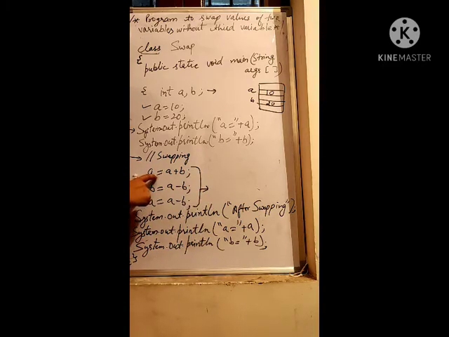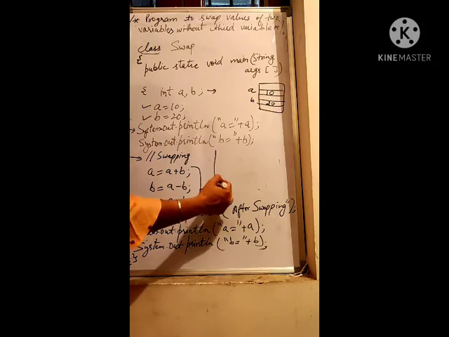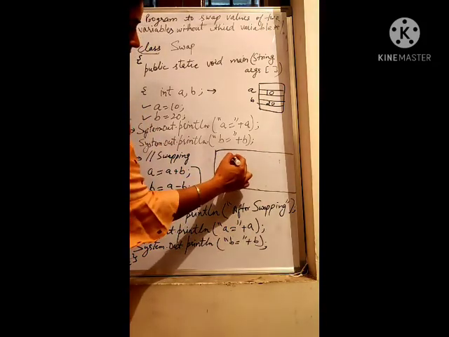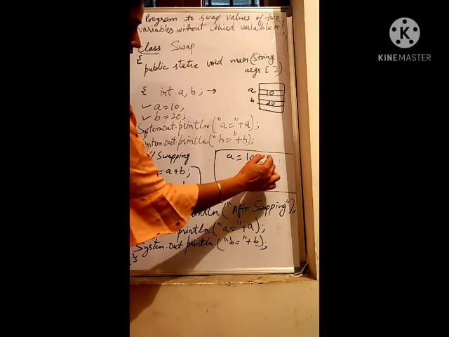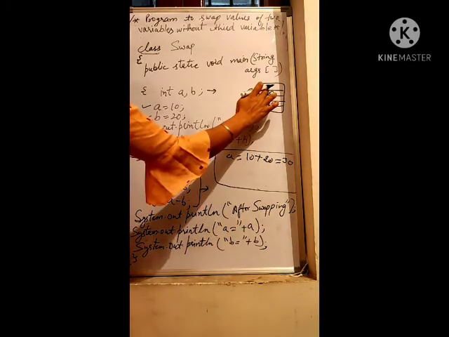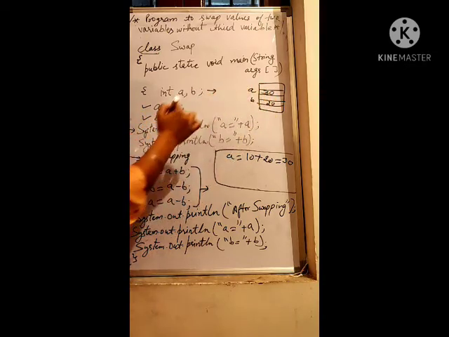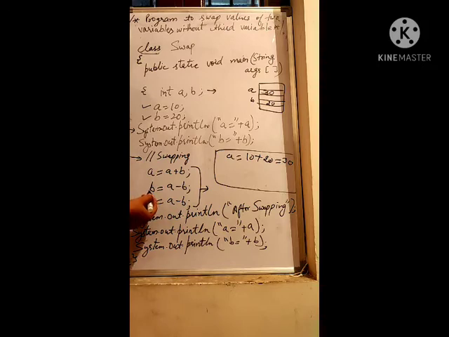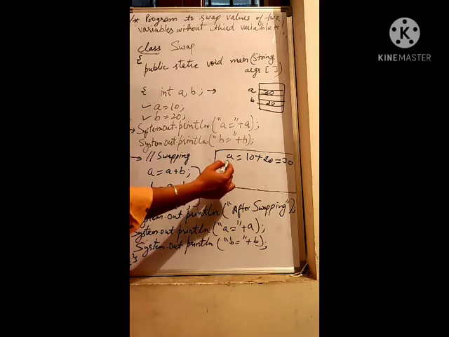When I am writing a is equal to a plus b, it means a is equal to 10 plus 20, that is 30. So it gives 30 to a. So in the memory the value is updated and it becomes 30 instead of 10. In the second statement, b is equal to a minus b.